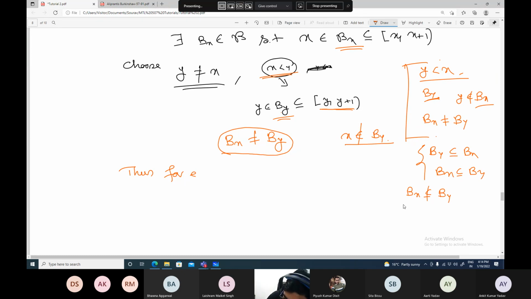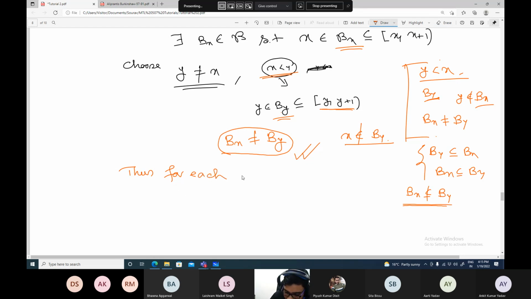Tell me one thing, is it fine if we say one is not contained in the other, then these two sets are different? Yes, you can see, right? If there is something in one that is in the complement of the other, then these sets cannot be the same. So this one is true.